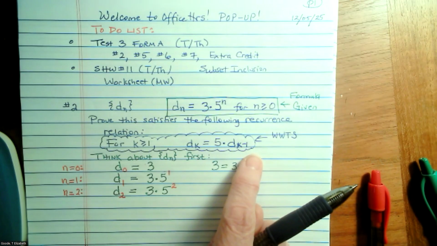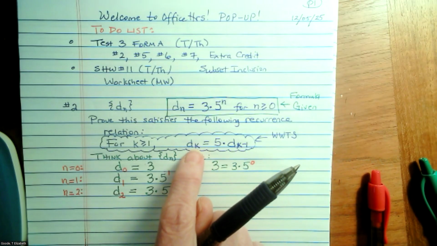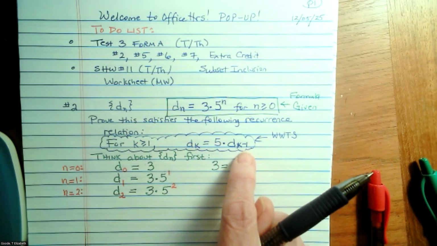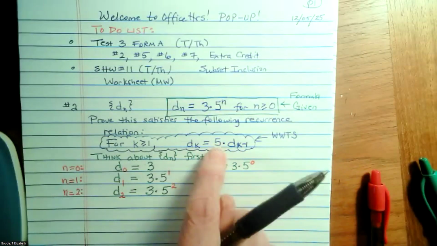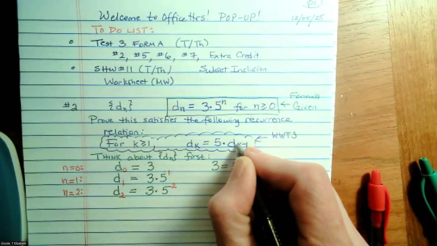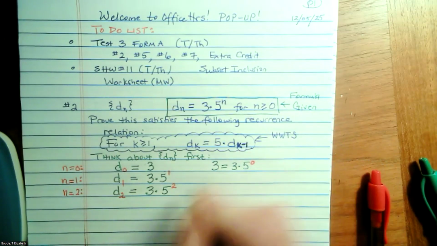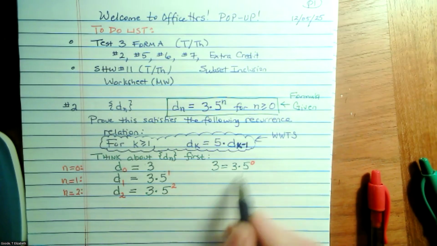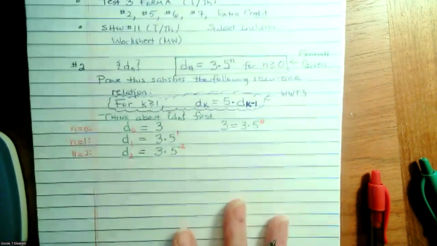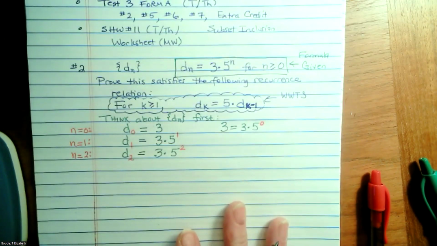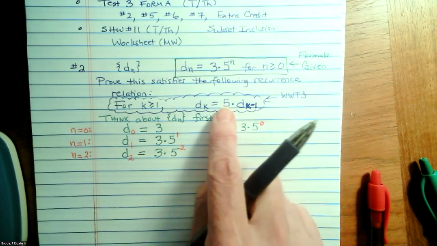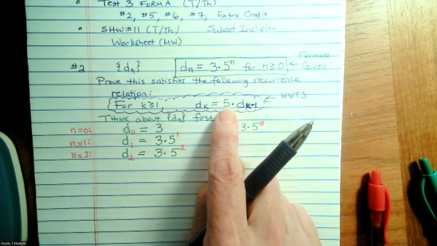Or you can think of this relationship as being a relationship between a term and the prior term. You can think about it either way. But the point is there's a relationship between consecutive terms. You get from one term to the next by multiplying by 5. And that is the nature of a geometric sequence in general. That means that our common ratio that we're multiplying by over and over again is actually 5.